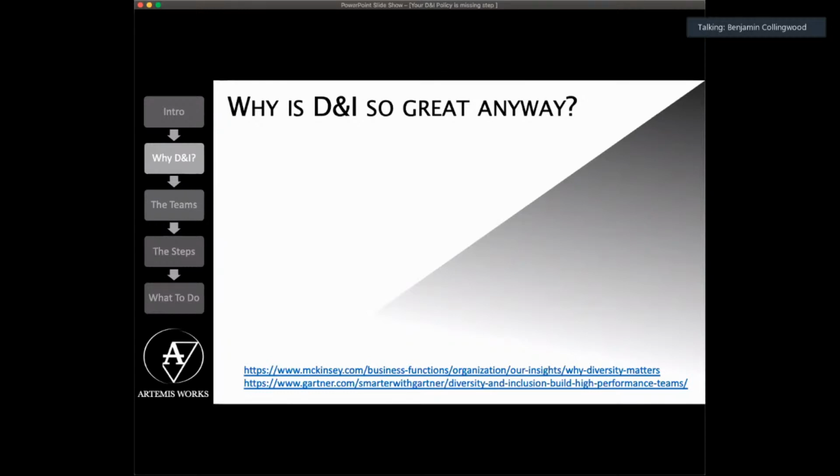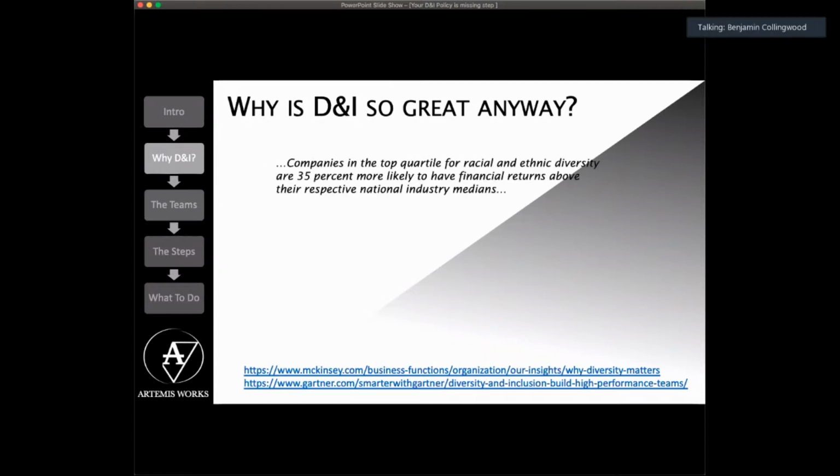So a couple of quotes from these, and I'll translate them into human speak. Companies in the top quartile for racial and ethnic diversity are 35% more likely to have financial returns above their respective national industry medians.